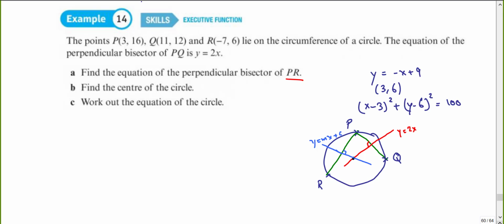What's c? Tell me, Adam, how to get c first? You need a point. Do we have a point on this blue line? How would you get the point? Yes, sir. Which point?